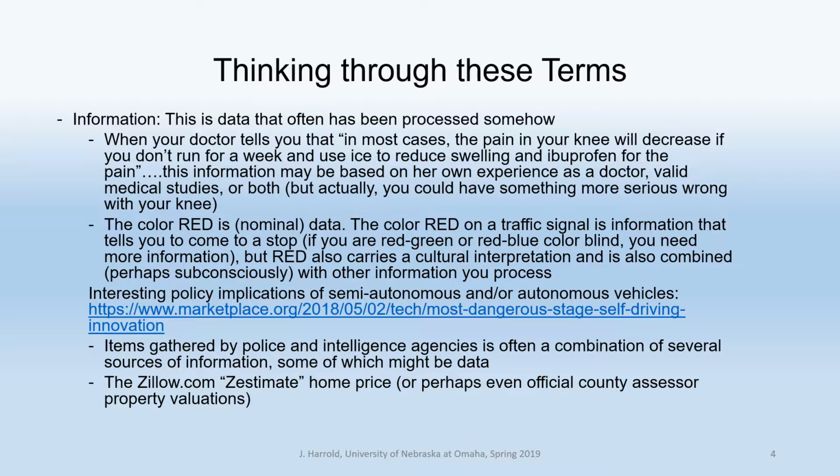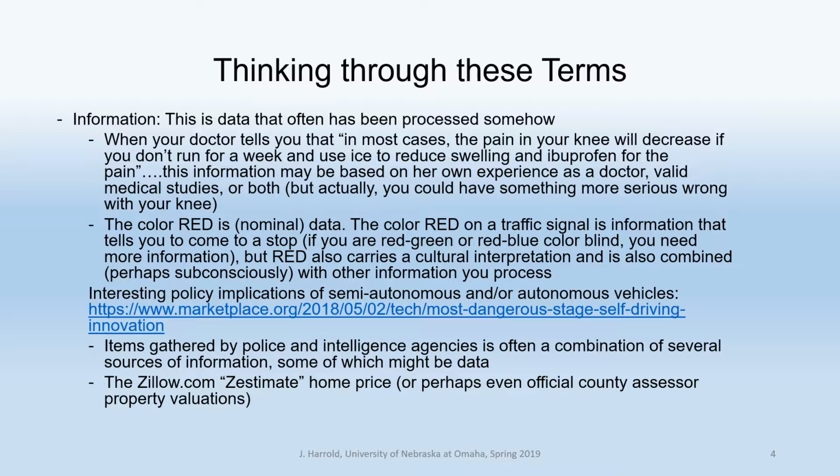As I was preparing this lecture for this week, I was listening to something on Marketplace, which I like to listen to, and I put this link here, which I'll have to get off the PowerPoint version of this. But there are some interesting policy implications of semi-autonomous and autonomous vehicles.